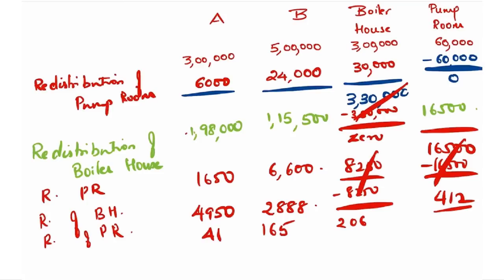If you see, this has become 0, so both my service centers have become 0 and I have put across all my cost between A and B. So the total of A will be 3 lakh, just add up 3 lakh plus 6,000 plus 1,98,000 plus 1650 plus 4950 plus 41 plus 130, that will be 510.